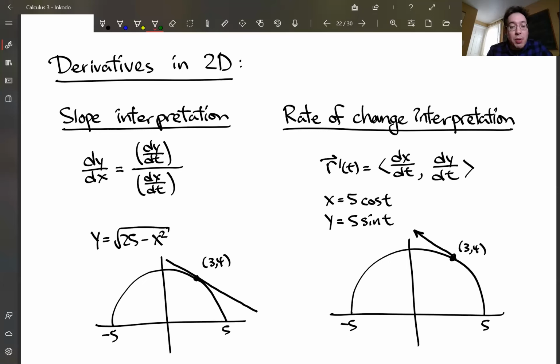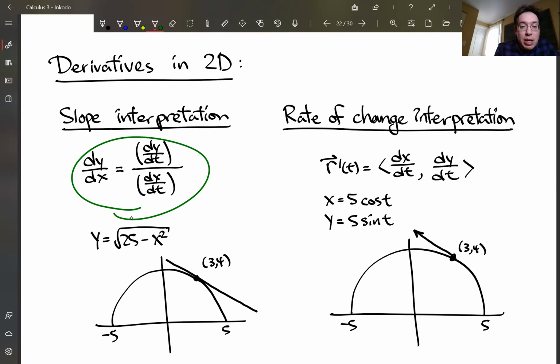Okay, so the derivative, when we think about the slope of the tangent line, is how much the y coordinate changes divided by how much the x coordinate changes. So to compute that, we need a formula like this. So this is the change in the y coordinate, and this is the change in x coordinate at a given time.